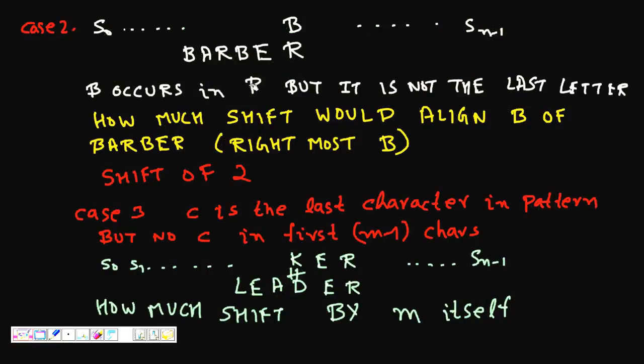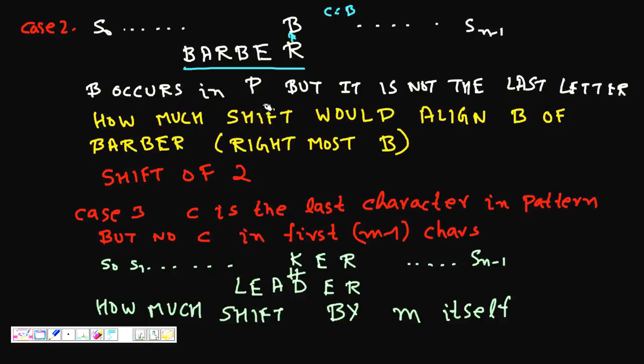Now let's see. We have some text in which the window is now aligned here and the last character C is equal to B. Now we see that B is present in our pattern, because B occurs twice.